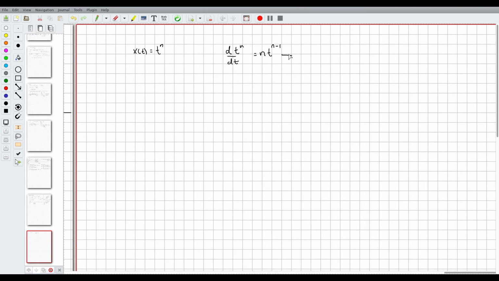So this is the derivative rule that we're looking at. Okay? So I want you to imagine, just for the sake of argument, a position that looks something like this: 4.9 meters per second squared times t squared.